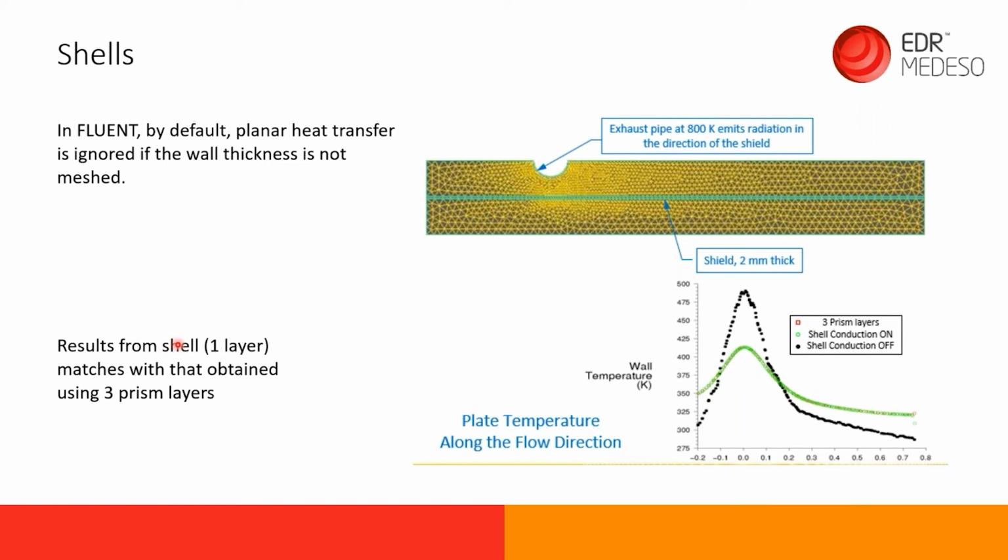And that's actually just using 1 layer, so it's much, much more efficient. You can see the problem if you don't take into account planar conduction: the black line there is quite erroneous. The temperatures are too high because it's not spreading out. And just to point out on this graph, the red line is exactly behind the green line. So that's what we're trying to get across here. The results are exactly the same.